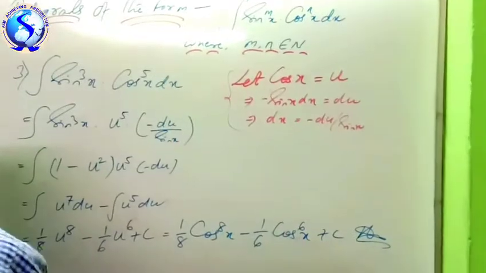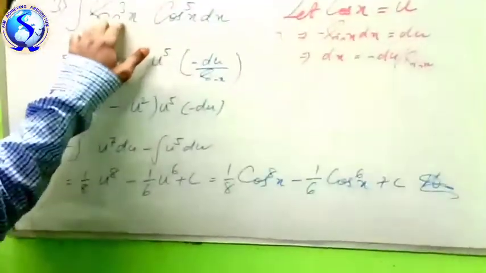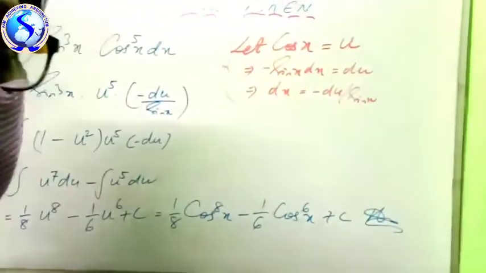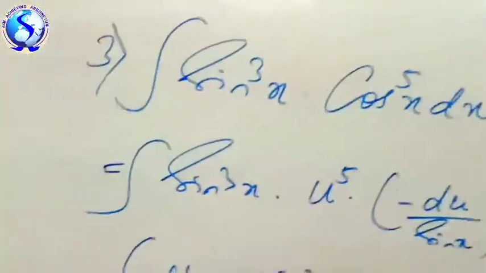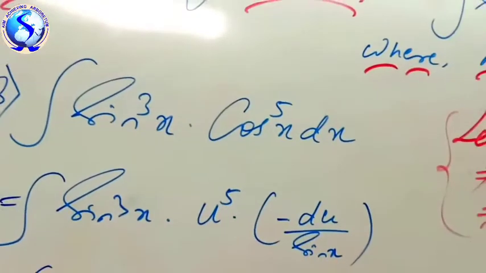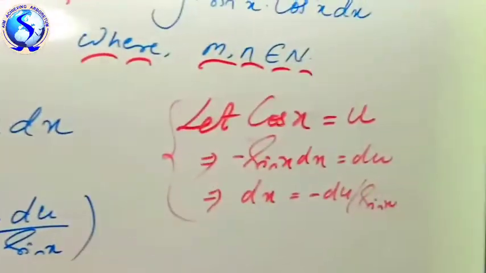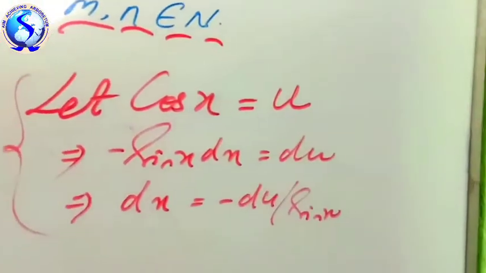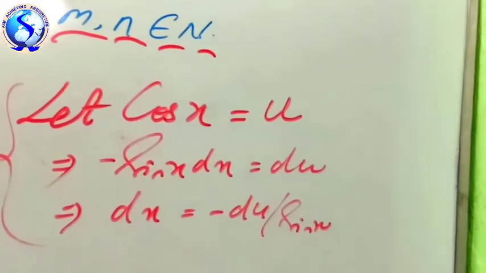Again I am repeating, just to see the process of solving. Here sin cubed x into cos to the power 5 x dx. I am taking cos x as u. What is the derivative of cos x? That is minus sin x dx equal to du.